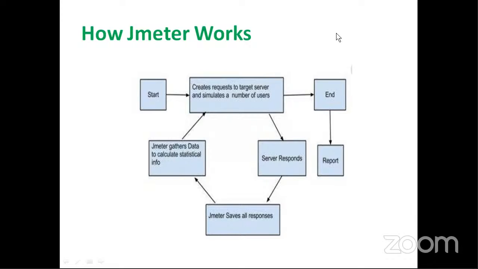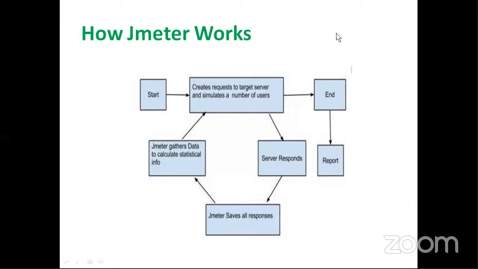If you want to create 1,000 users, JMeter will create 1,000 virtual users, and it will go and hit the target server. Say your target server is XXX, and you tell JMeter to create 1,000 users, then JMeter will simulate 1,000 users and hit the XXX server.